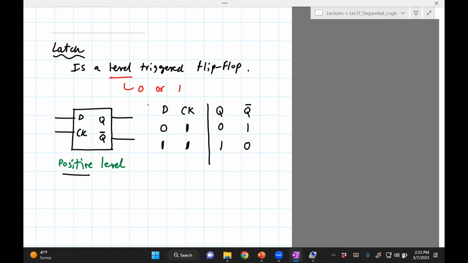And then the final one, where you could have X, where X means 0 or 1. Okay, we could have clock of 0, or we could have the positive trigger or a negative trigger. Okay, so in all these three cases, you will see that the output is unchanged.